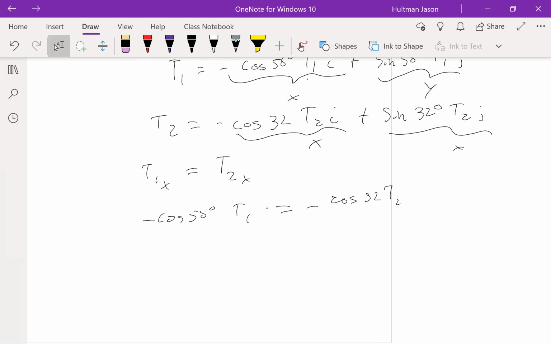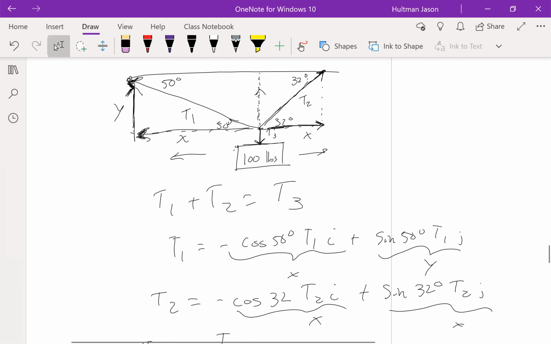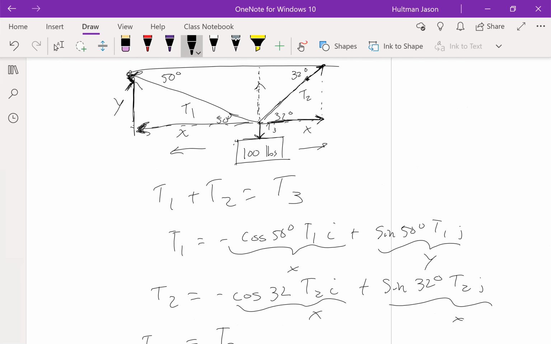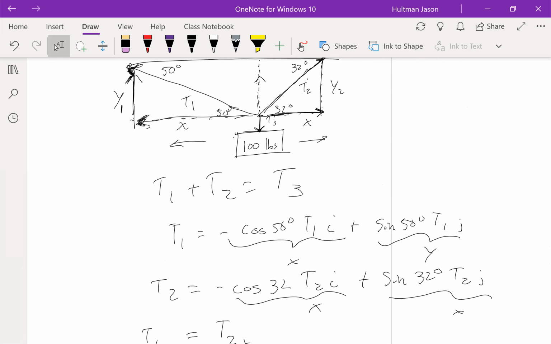The other thing that I know is that the Y values and the 100 pounds have to be in equilibrium. There's going to be a Y value over here, we'll call this Y1, and a Y value over here, we'll call that Y2. I'm sorry I'm a minute over, but I want to at least get the setup here for you.